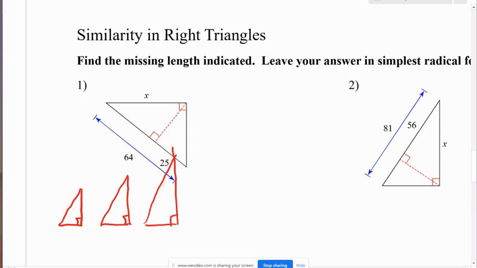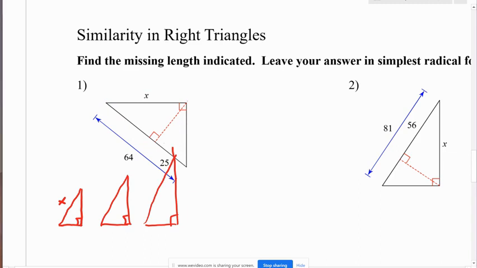Okay, so for this triangle that's up on the top here, our hypotenuse is labeled X, and we don't know anything else in that small triangle. That's not necessarily the smallest one, but it's the triangle up on the top.